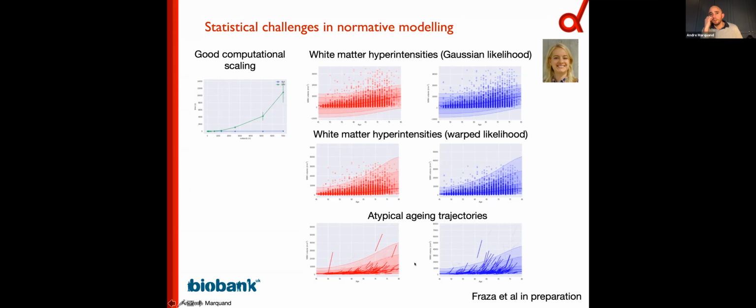And it turns out that these atypical individuals have a much more severe cognitive deterioration than people. So this maps onto cognition, basically, and it does so in a way that is cleaner than just taking each time point individually in a cross-sectional fashion.